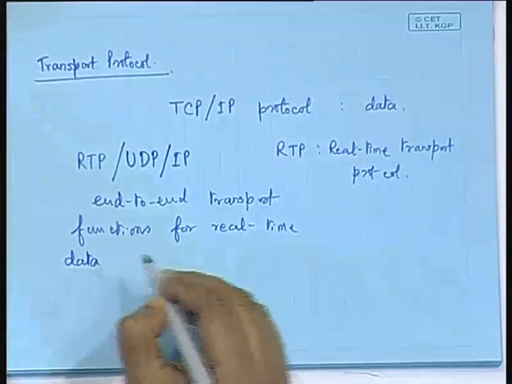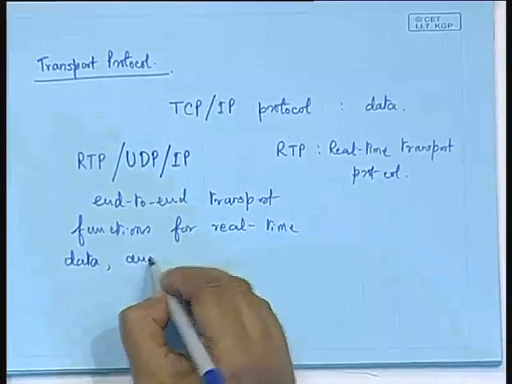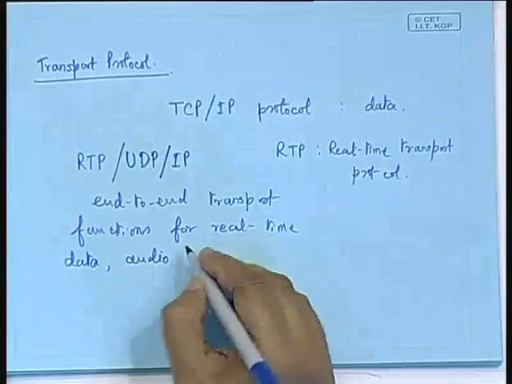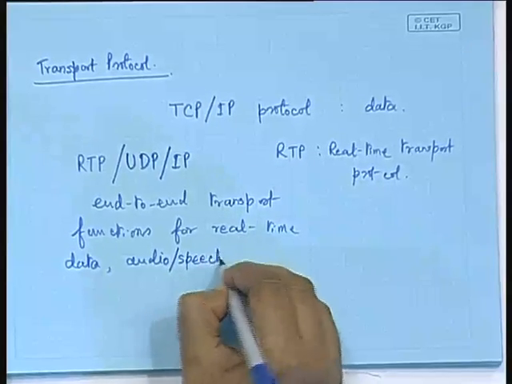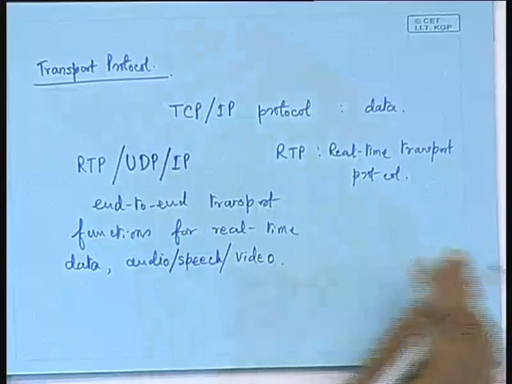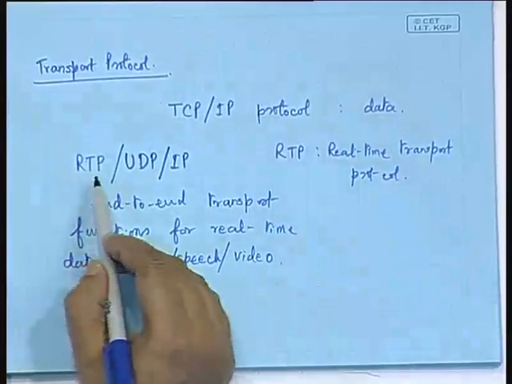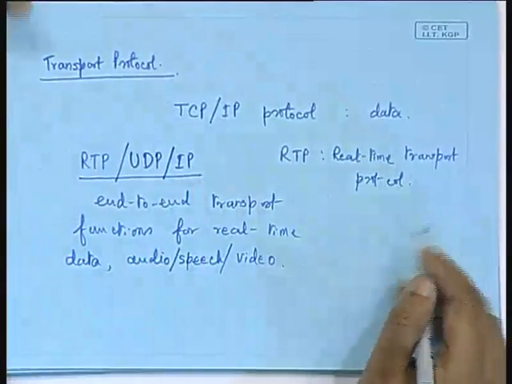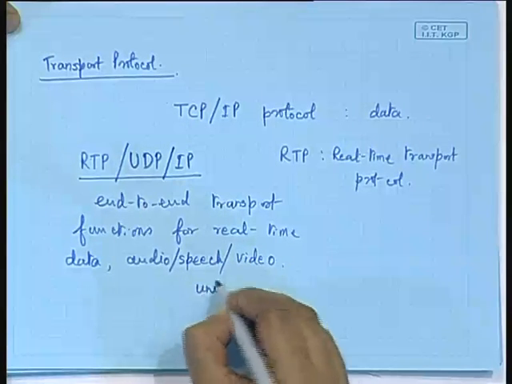And what are the forms of real time data? Audio, of course, I mean audio, speech, video, everything is real time. And this RTP, UDP, IP could be used for unicast.